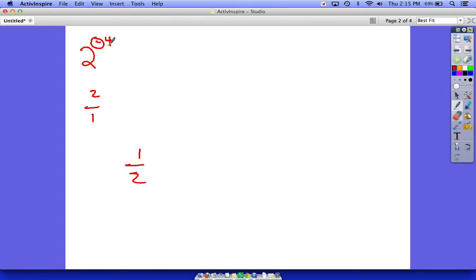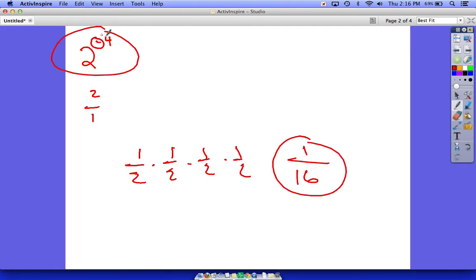So we need to take 1/2 to the 4th power. 1/2 times 1/2 times 1/2 times 1/2. That would be 1, and let's see, that'd be 4, so that would be 16 if you multiply that together. So the answer to this question is 1/16. It's not negative 16, it's not just 16, it's 1 over 16.